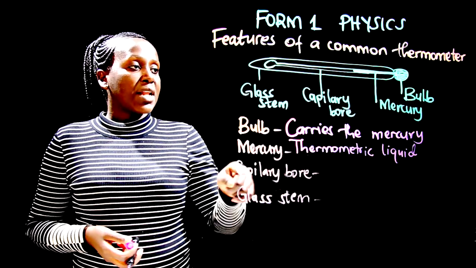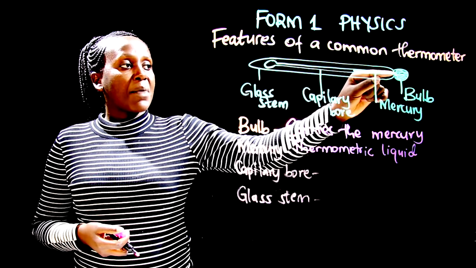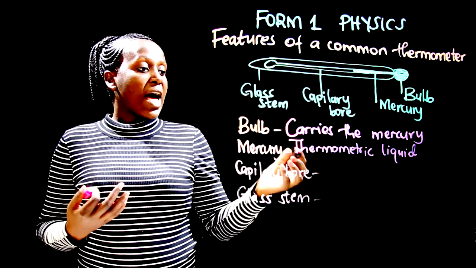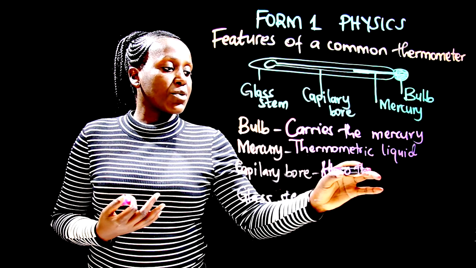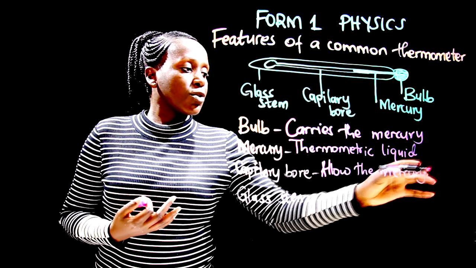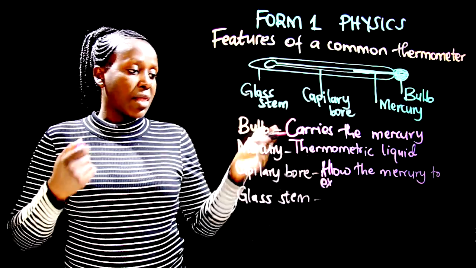Then we have the capillary bore. Like you can see, it is the inner part, and that is the path along which the mercury is flowing. So it allows the mercury to expand and contract along its path.